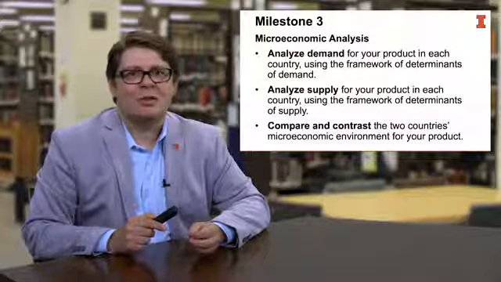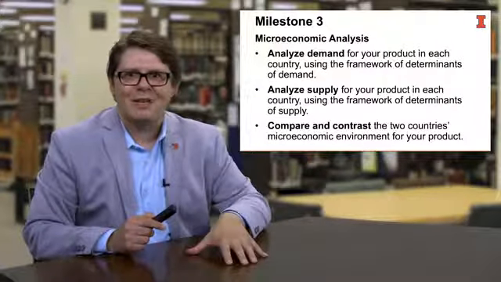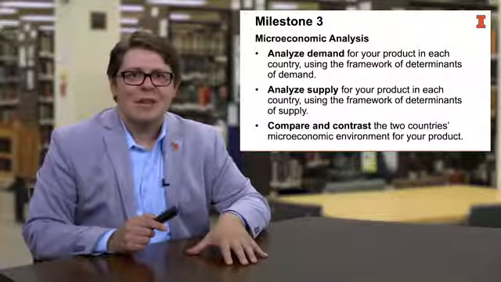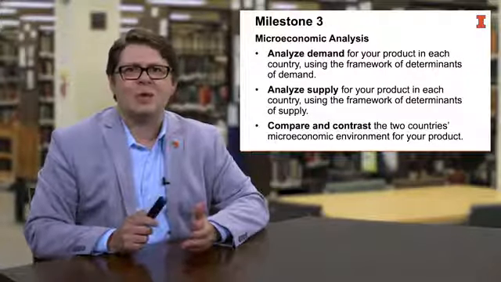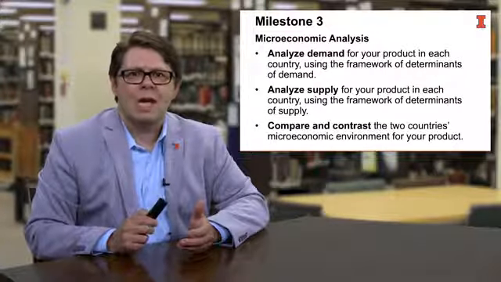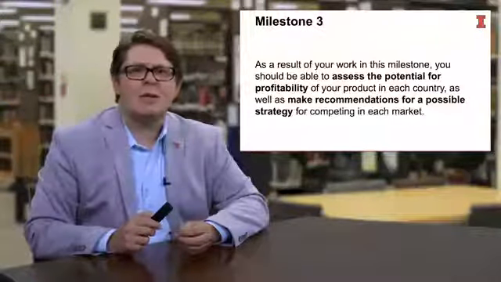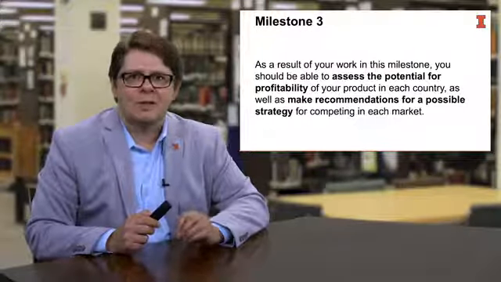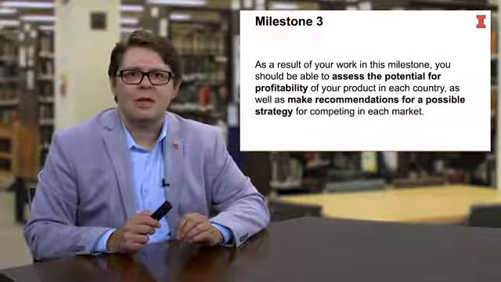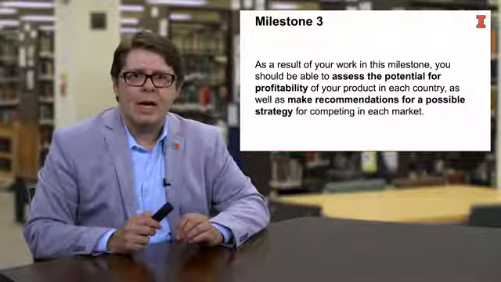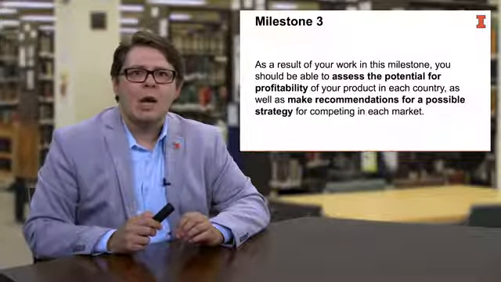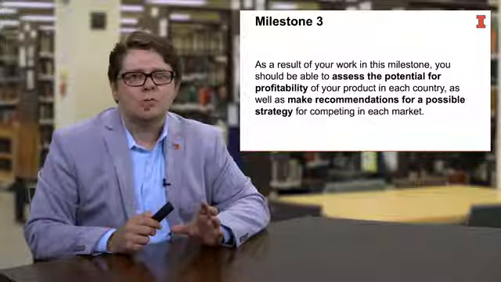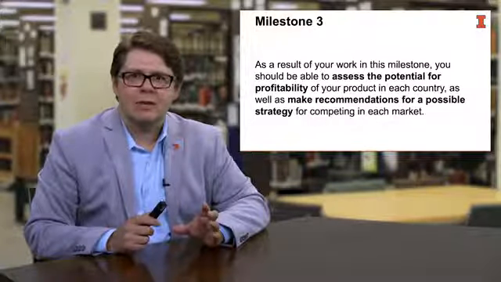And then you're going to compare and contrast the two countries again. So this is going to help you quite a bit to figure out what is going to be the potential for being profitable in those two markets. And it will also help you to figure out what strategy you should be pursuing in those markets.